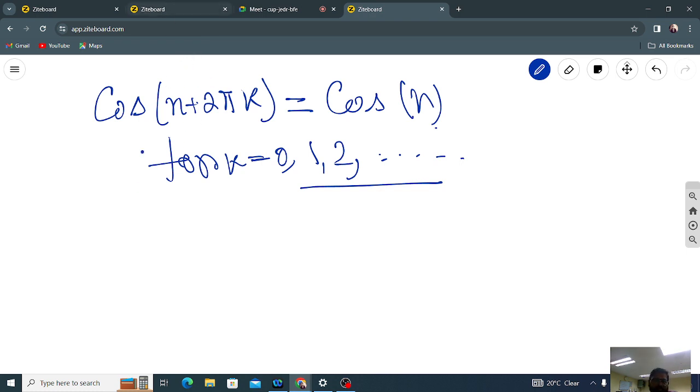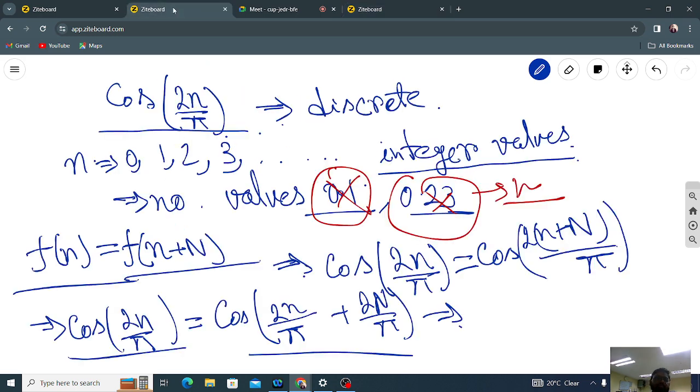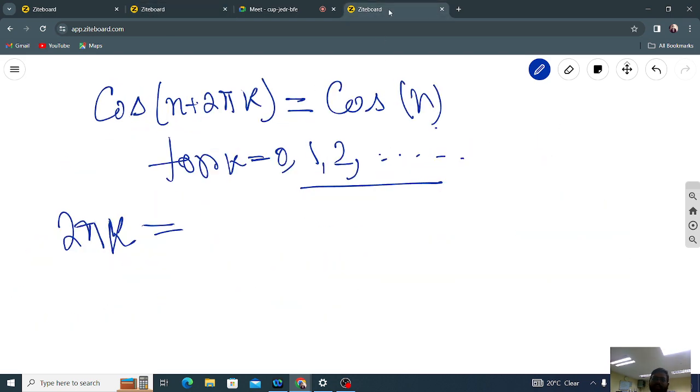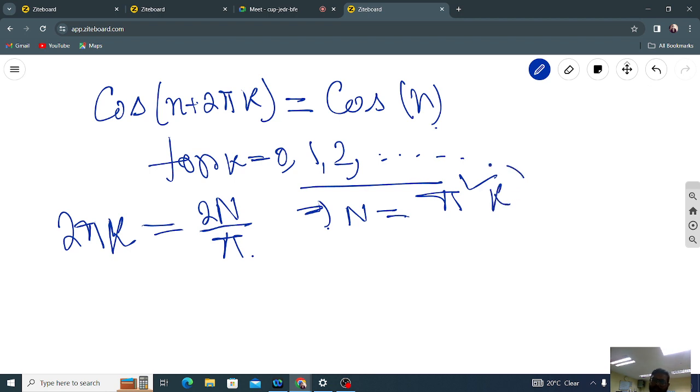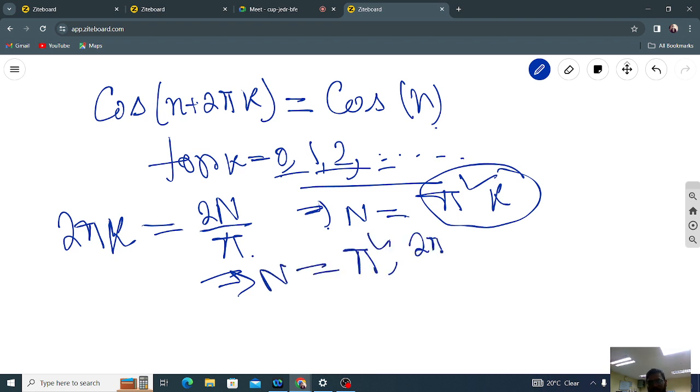So this 2 pi k should be equal to 2N by pi, or N should be pi square times some value k. K can take all the values, so N should be pi square, 2 pi square, and all the values.